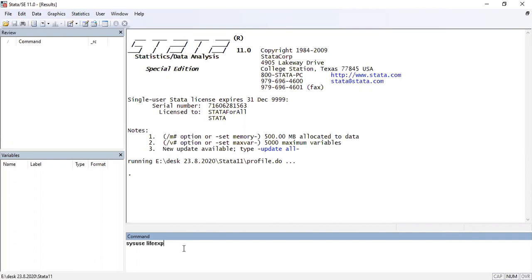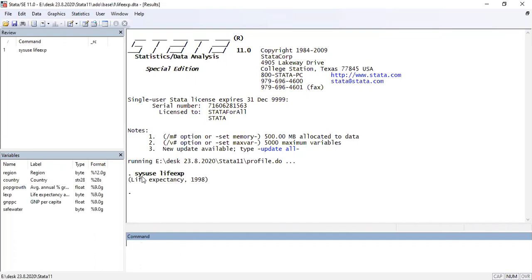If you change this, they will not find the file. You have to write exactly this file name, and the command word you cannot change, sysuse. So we are going to use that file lifeexp, and I'll share the commands with you guys. And then you press enter.